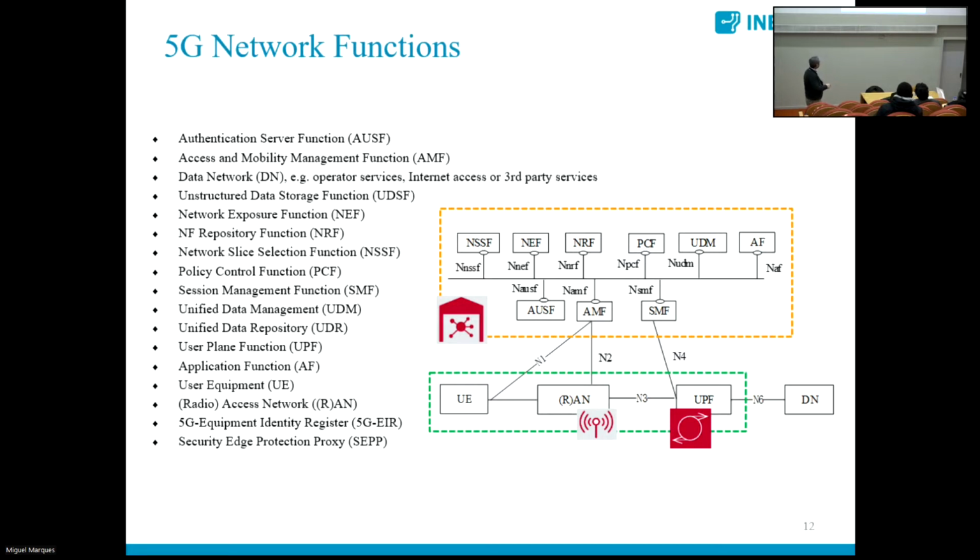So from end to end, from the user equipment through the radio access network, the router, the user plane function, until the internet, we have packets which are exchanged. And then we have another set of functions, which we call control plane, that are in charge of controlling, let me say, the communication system.